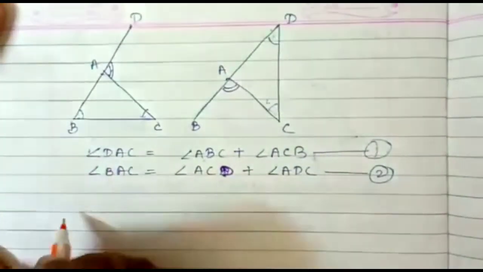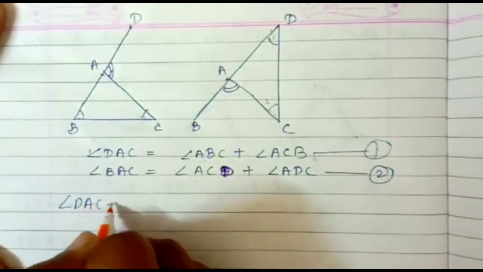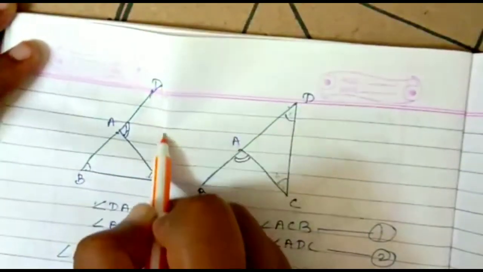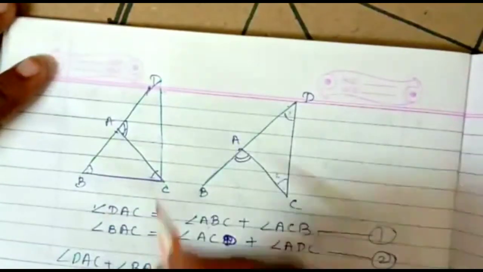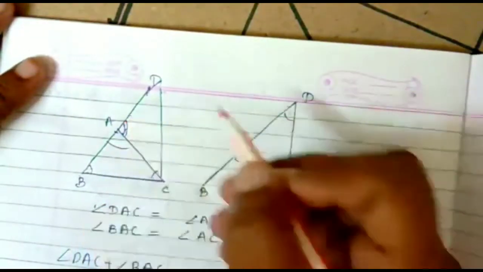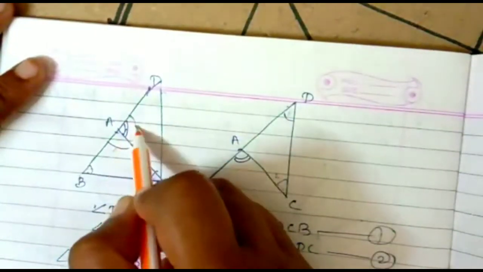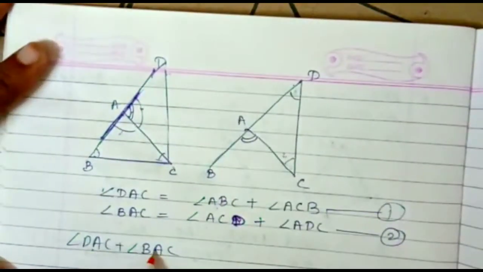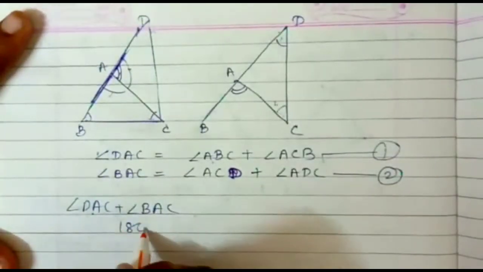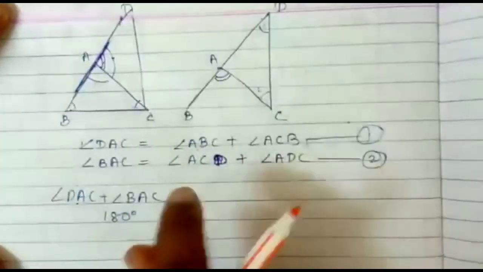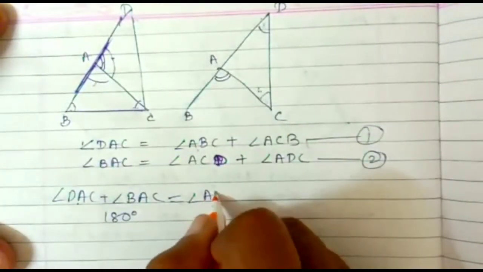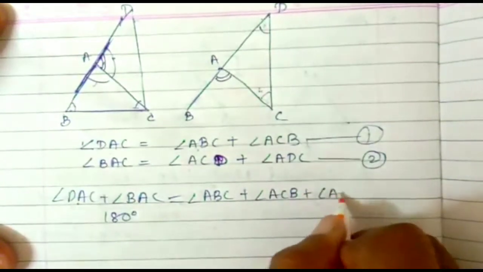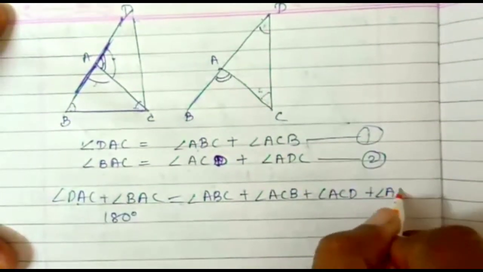Now if we add up result number 1 and 2, we will be getting angle DAC plus angle BAC, which in the figure, if you make this full figure, these two angles, they are forming a linear pair, and so angle DAC plus angle BAC will be 180, right? It is equal to angle ABC plus angle ACB plus angle ACD plus angle ADC.